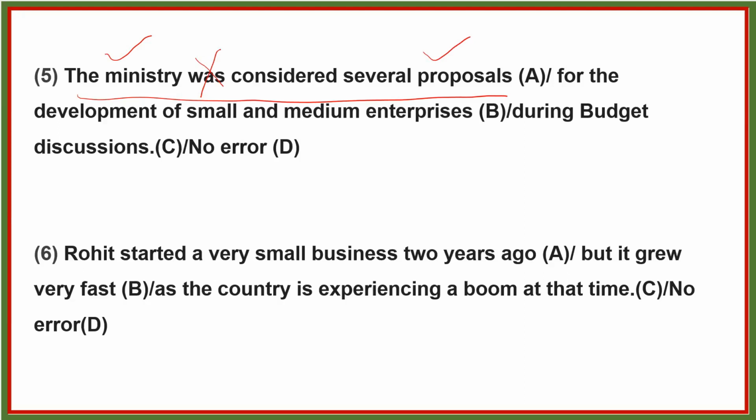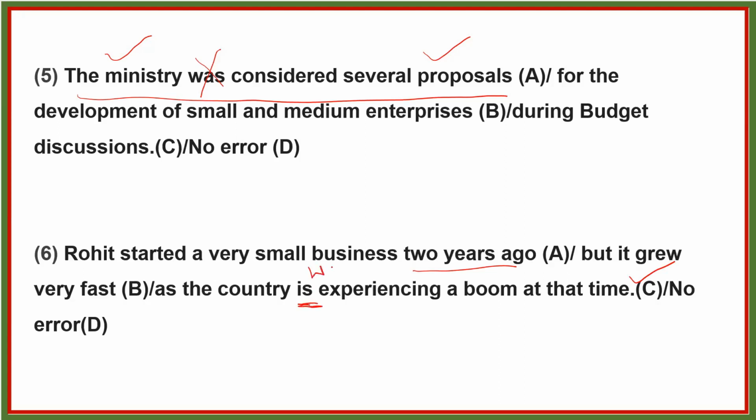Now see the sixth question. Rohit started a very small business 2 years ago. So this is simple past, but it grew very fast as the country is experiencing a boom at that time. Here the error is in part C. If you see here, there is experiencing.